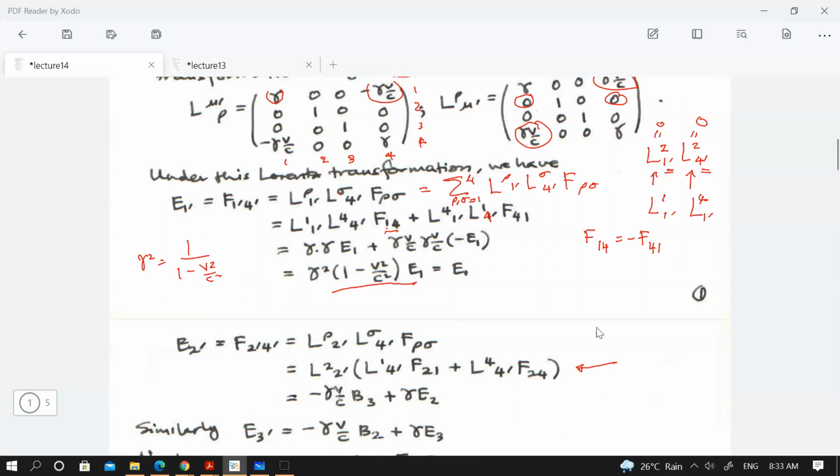Oh, okay, this is slightly different from the one above. Sorry. Let me do this systematically. I think there's something wrong here. L2 dash 4 dash.